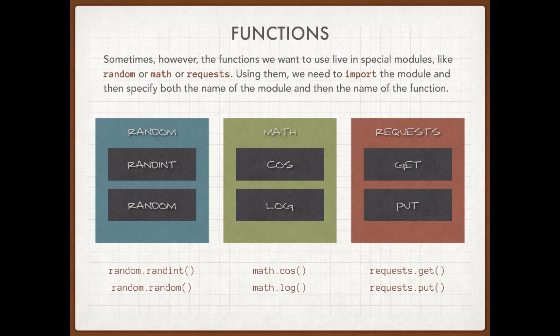So what we do when we use those is obviously the first step is we have to import that module. We have to import random or math. And then we can start to specify the functions inside that we want to use. So if we want to choose a random integer or a random number, we have to import the random module. And then we need to specify to Python where that function lives. They obviously live inside the random module, so we say they live in random dot name of the function.